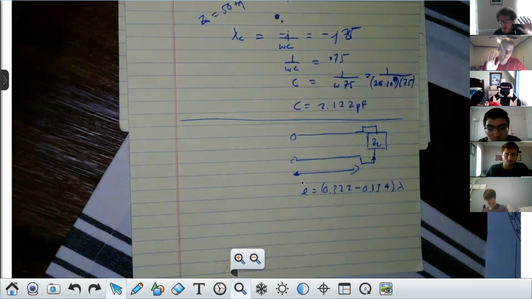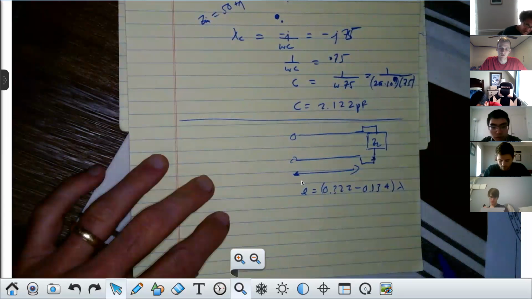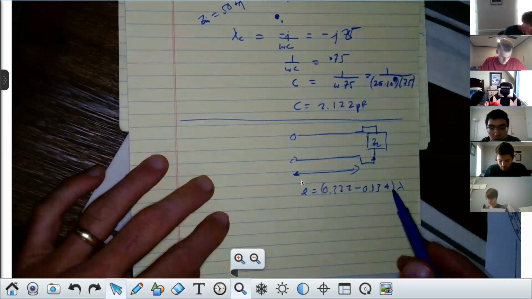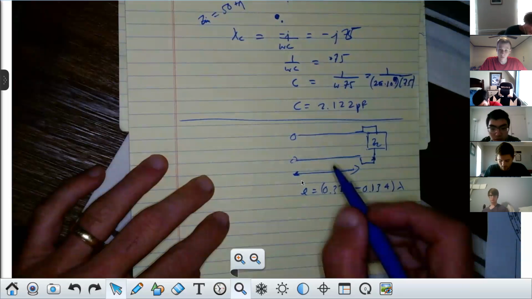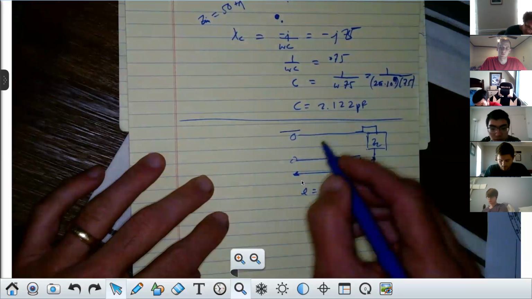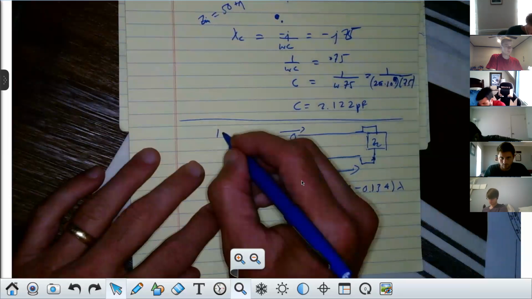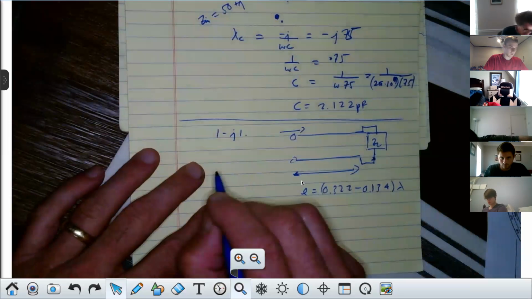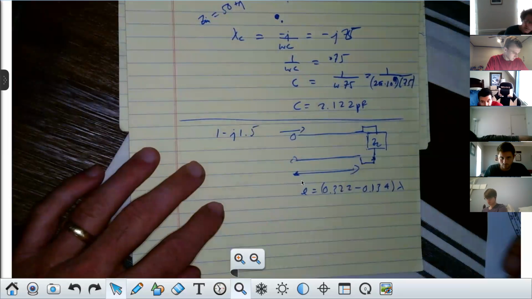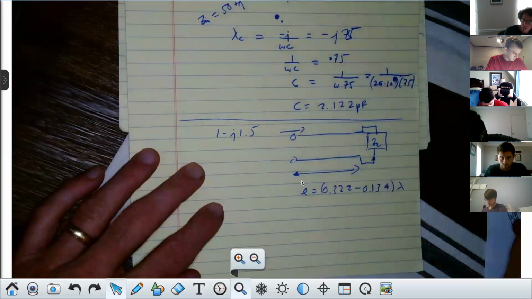How many see that right there? Now, if you see it, you can do the math on this one in a second, but that means the input impedance at this point is going to be equal to 1 minus j1.5, right?